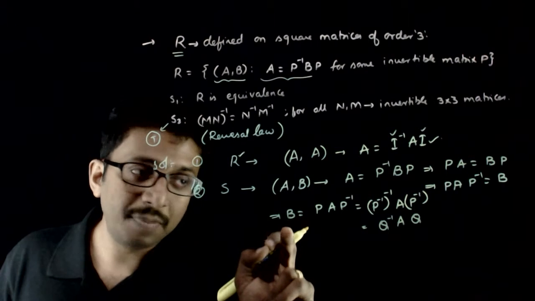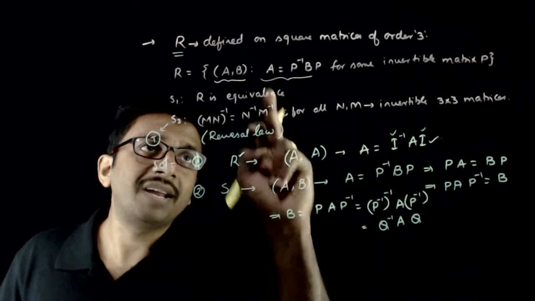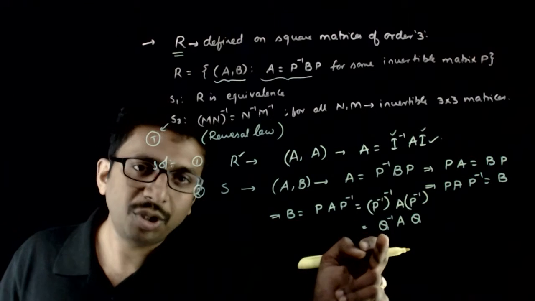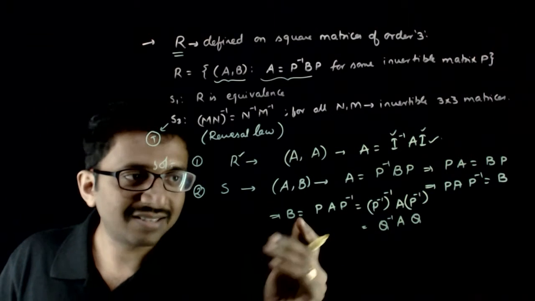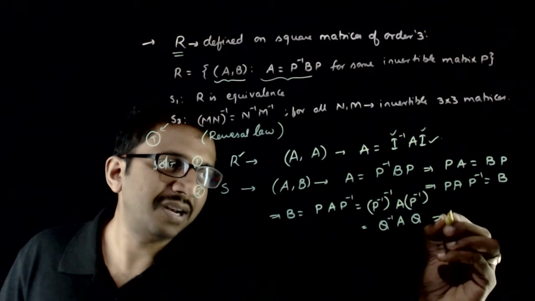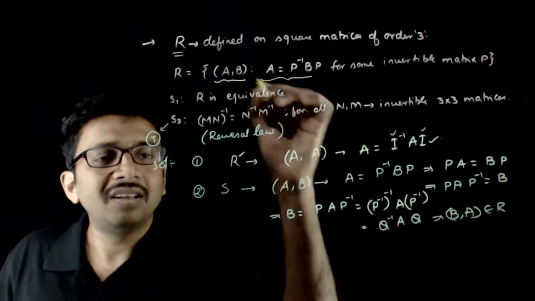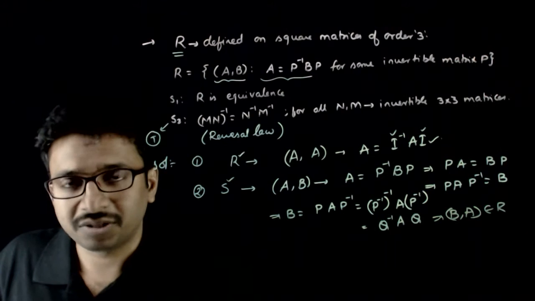So if I can write A as P inverse BP, I can write B as Q inverse AQ. Hence, B and A are also related. B comma A also belongs to R. That means the relation is symmetric also.